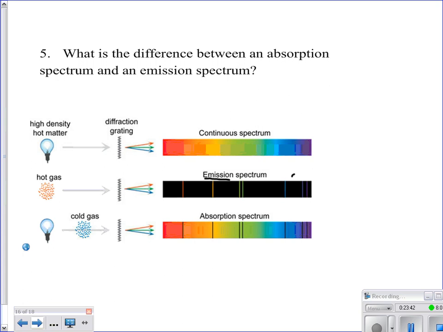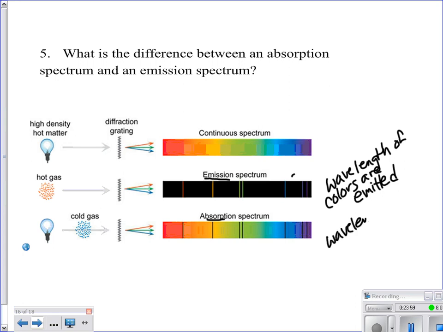So in the emission spectrum, the wavelength of colors are emitted, whereas in an absorption spectrum, the wavelengths of colors are absorbed.